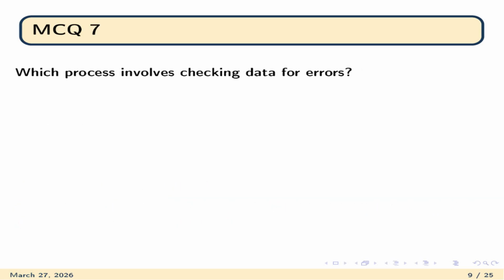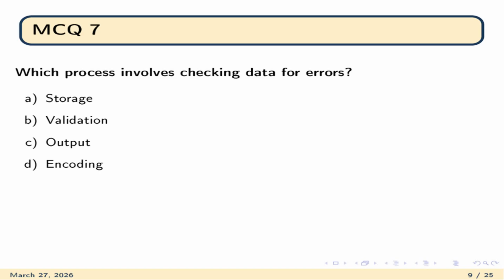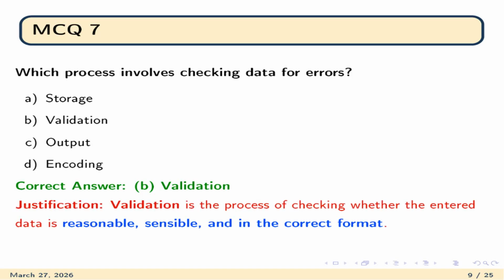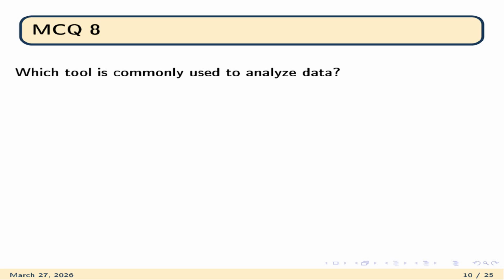Which process involves checking data for errors? Storage, validation, output, encoding. The correct option is validation because validation is the process of checking whether the entered data is reasonable, sensible, and in the correct format. Question number 8.